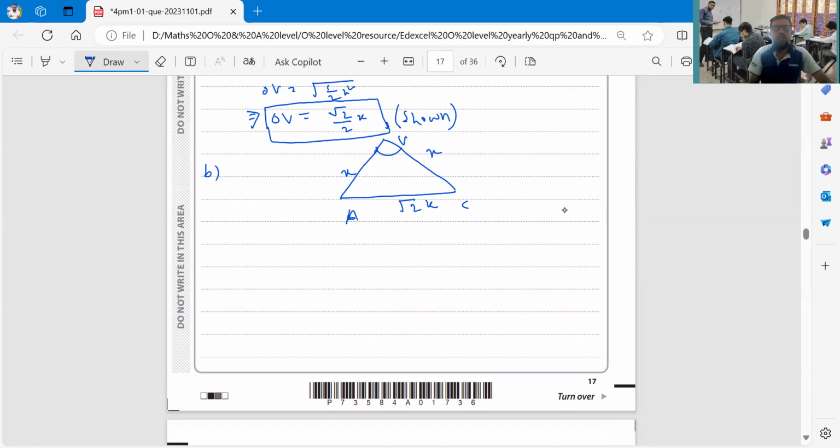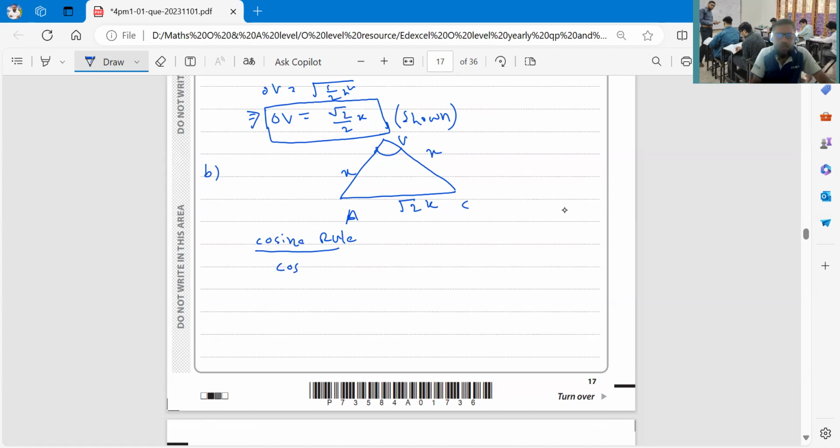Now this is not a right angle triangle, so you can use the cosine rule. I think you know the cosine rule formula, very, very important to find the angle and length. When the triangle is not a right angle triangle, you can use cosine rule and sine rule. You can use cosine rule because all the lengths are available.